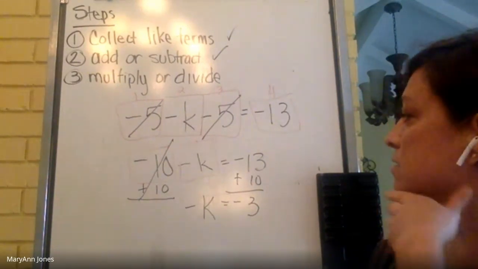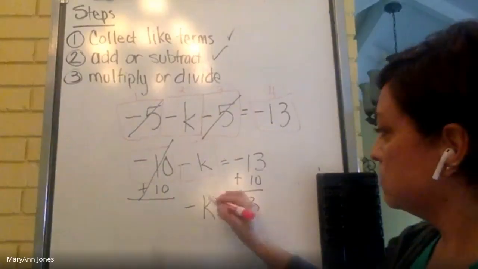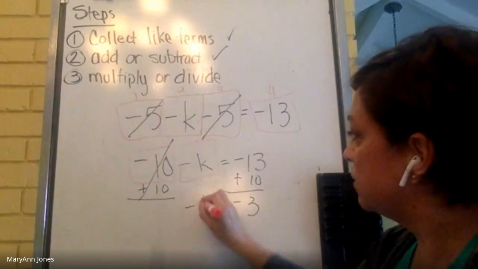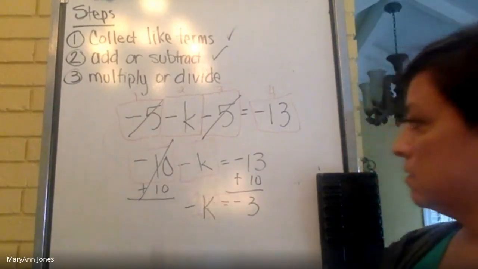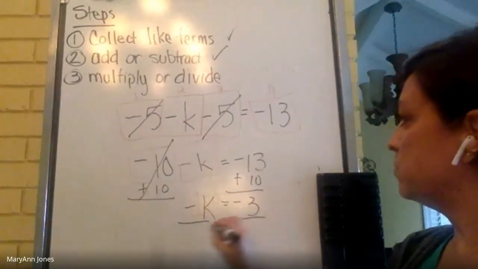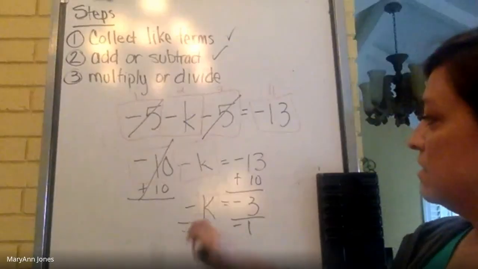So what do we do next? You turned the K into a -1. Okay, good. So Sue says he knows this is -1 here. So then you divide both sides by -1. Perfect.